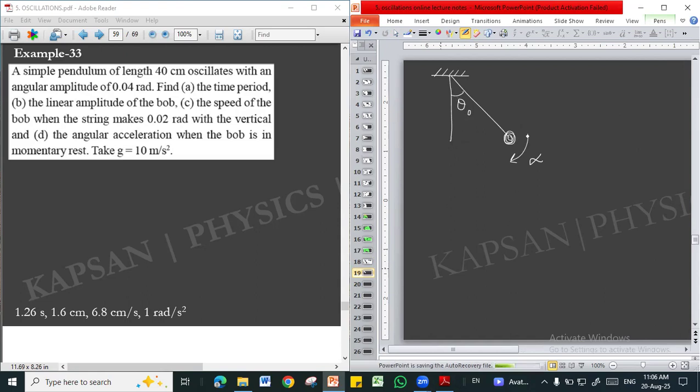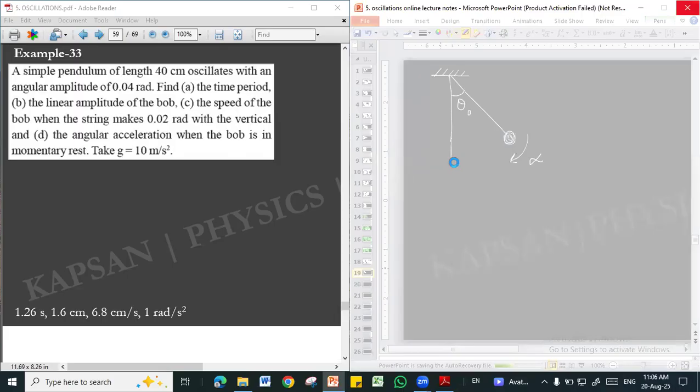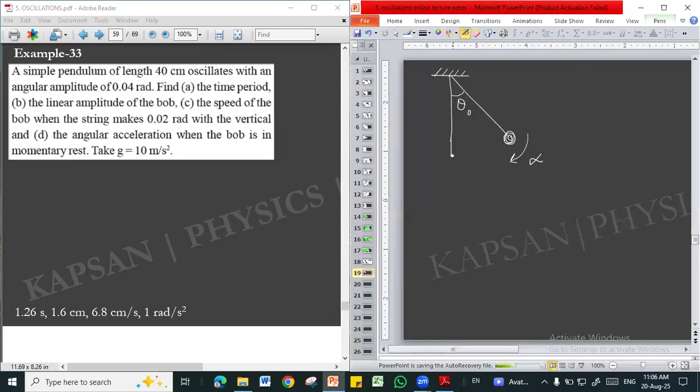Angular acceleration will always be towards the mean position. Even the linear acceleration will also be towards the mean position. हे जे लिनियर ऍक्सलरेशन असेल, ते पण टुवर्ड्स द मीन पोझिशनच असेल.